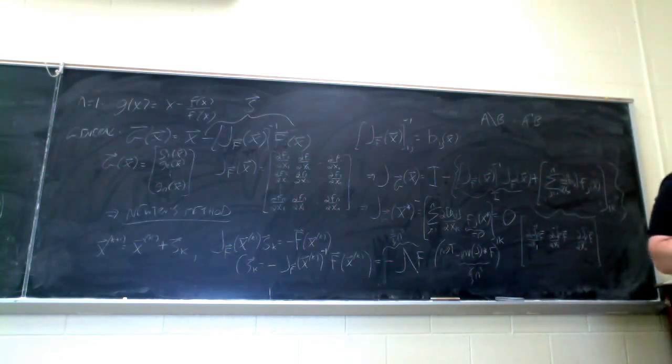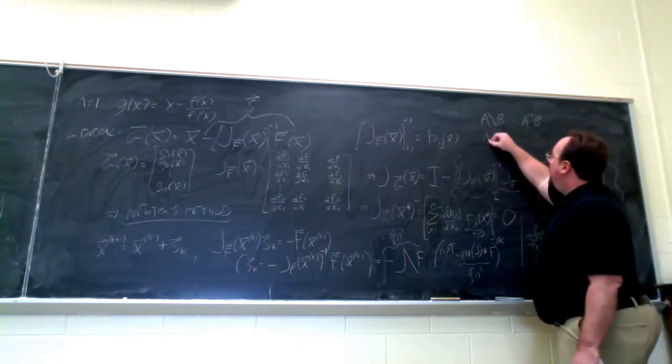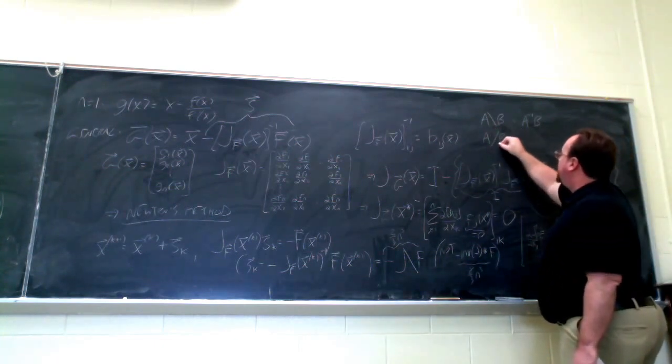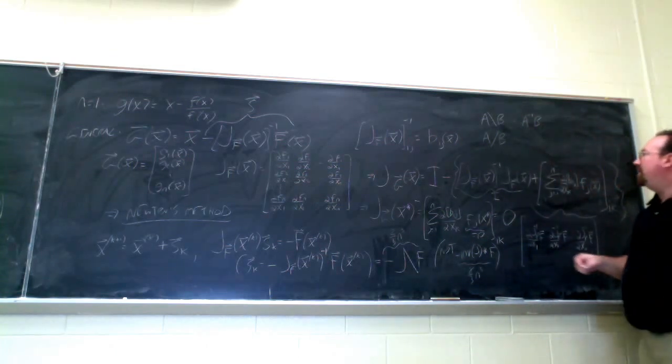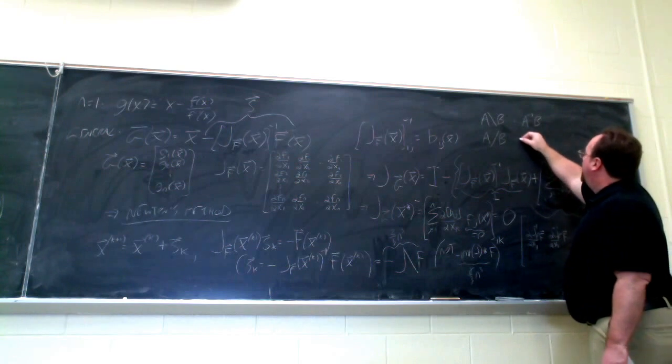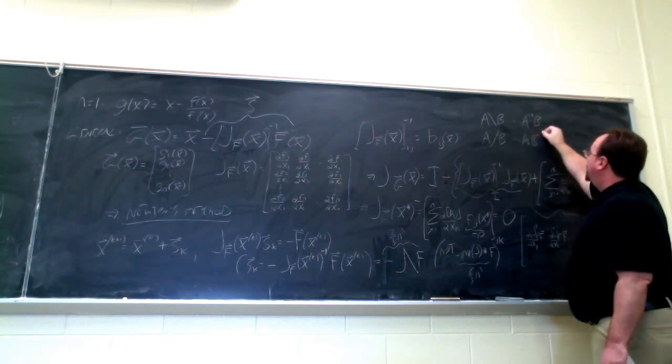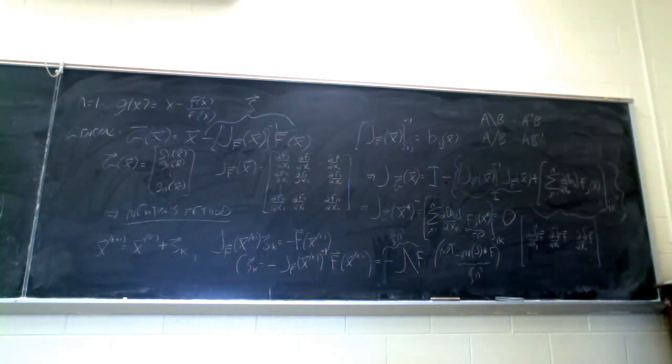It could be a vector, it could be another matrix, as long as the multiplication operation you want makes sense. On the other hand, if you do a slash b, and these are matrices or vectors or whatever, that's the same as a b inverse, again as long as the multiplication makes sense. So watch your slashes.